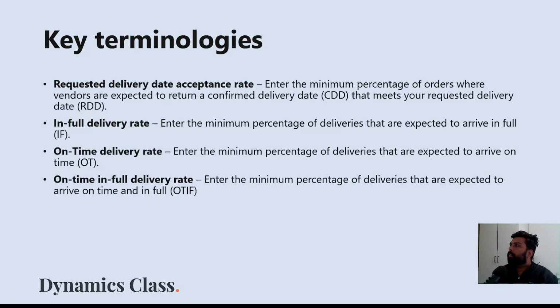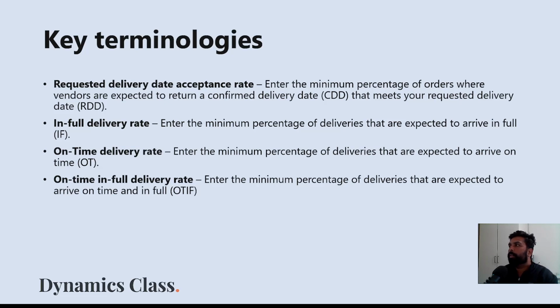One of the terms we have in the system is the requested delivery date acceptance rate. Here we need to enter the percentage where we expect vendors to return the confirmed delivery date, which is CDD, that meets your requested delivery date, RDD.